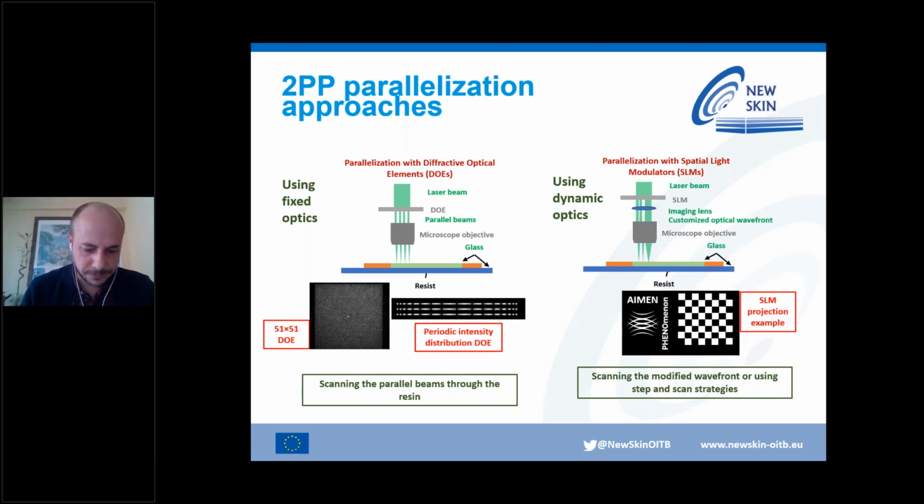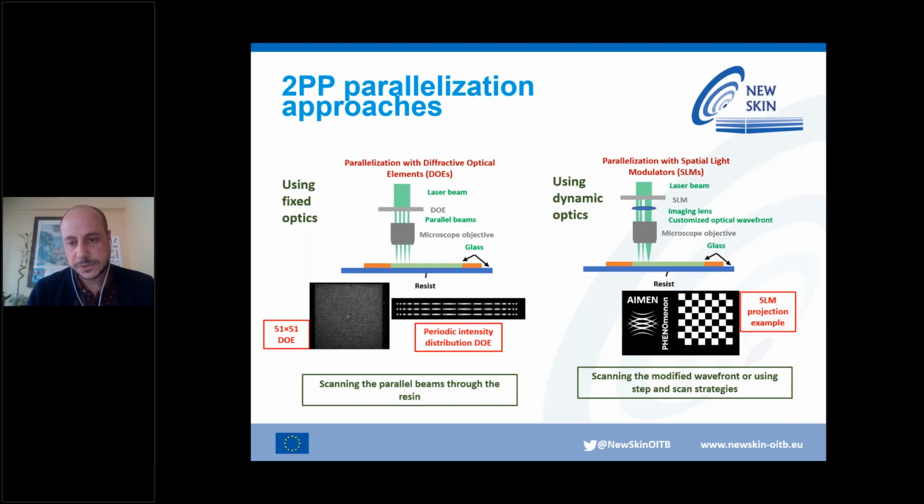I will show some examples after this first slide, where I explain more or less the technique. You could also use dynamic optics. The dynamic optics has the advantage that you can produce any pattern that you want.